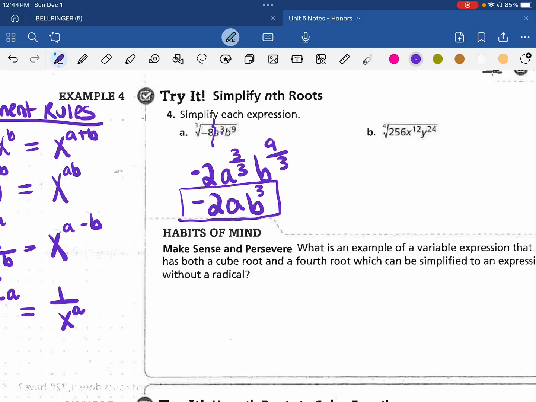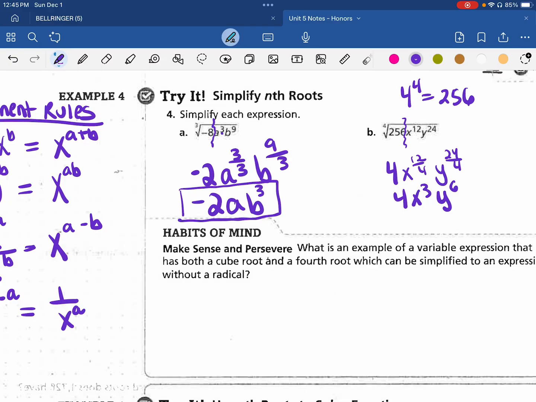Here, the fourth root of 256 is 4, because 4 to the fourth is 256. So that's a 4. X to the 12 over 4, y to the 24 over 4 becomes 4x to the third, y to the 6th.